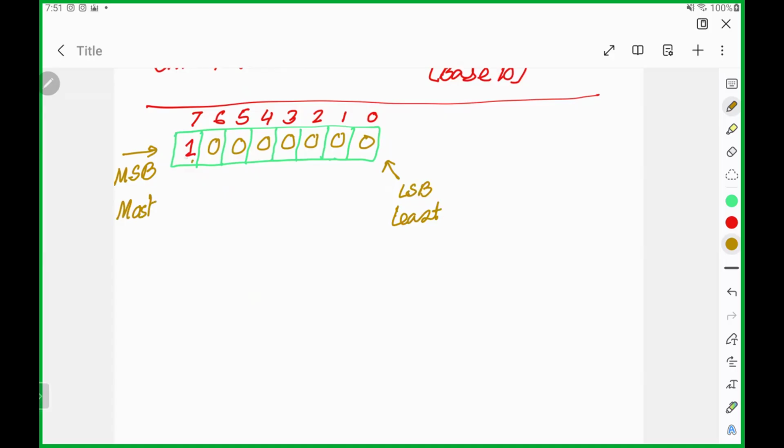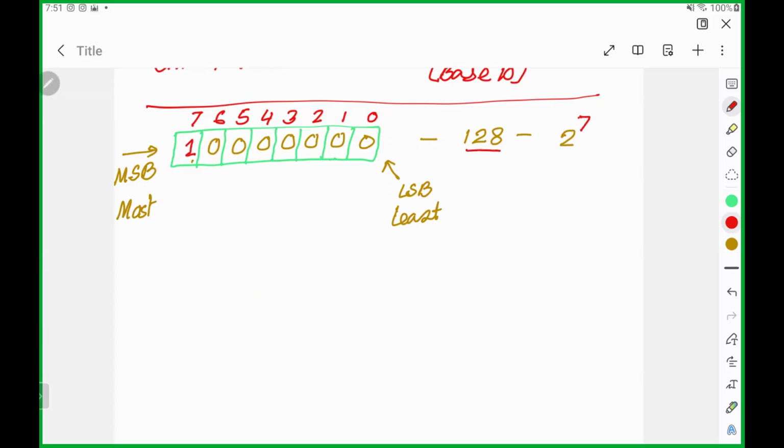If I have the 1 in the highest position, then the number will be 128, and we can find this number as base 2 to the power of 7.